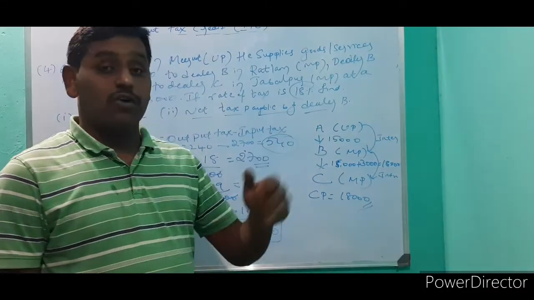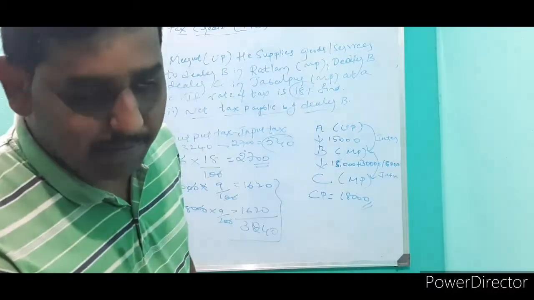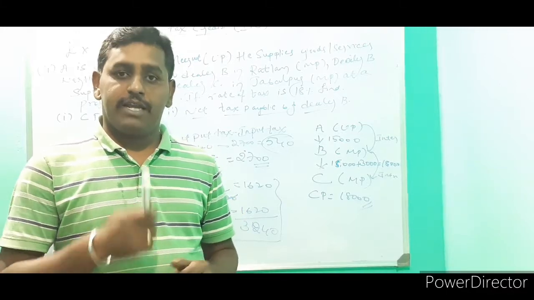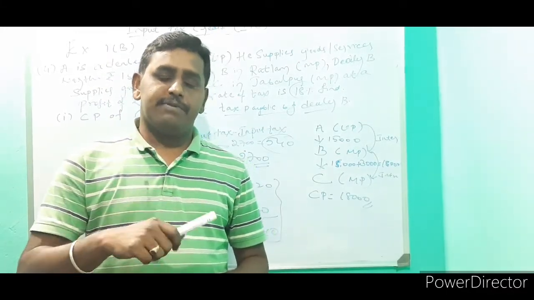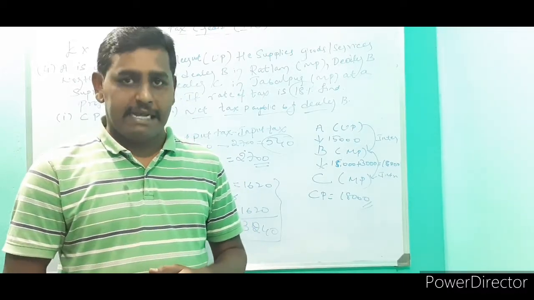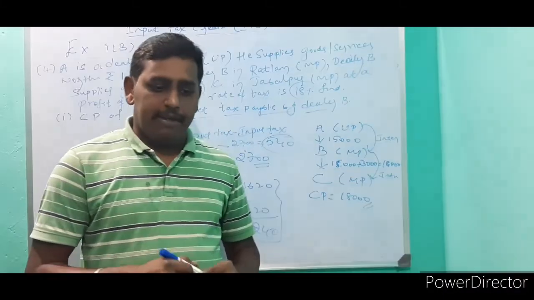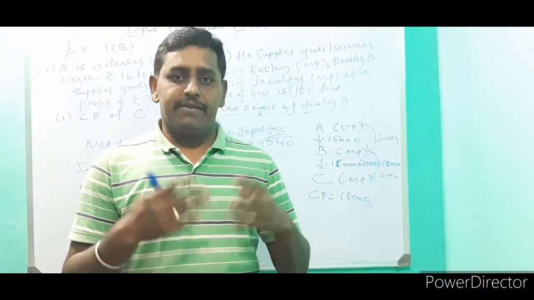That amount is called cost price of C. So this is the way we are calculating the problems on net payable tax. So carefully find output tax and input tax, and then subtract the two, you will get the net payable tax amount. So like this we are going to solve the problems. Many problems are there in your exercise 1B. Please sit and solve. Thank you for watching video.